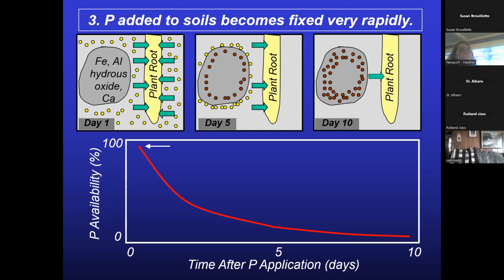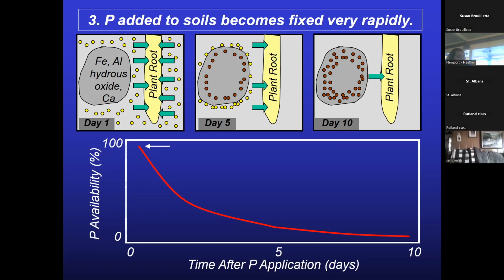Now, the other thing about phosphorus that's really interesting and doesn't make a lot of sense to people is once you put it in the ground, wherever you put it, it does not move very much. So then people say, well, why do we have this phosphorus problem if it doesn't move? So I read this study, I think last year or the year before, where it said you put phosphorus in one spot and it may move an inch during a whole growing season with our rainfall.